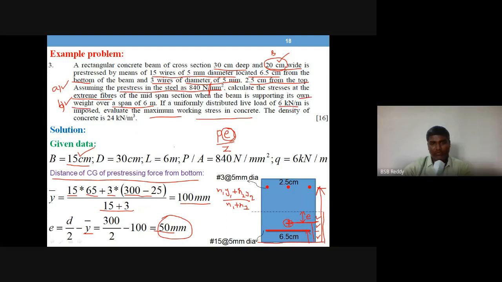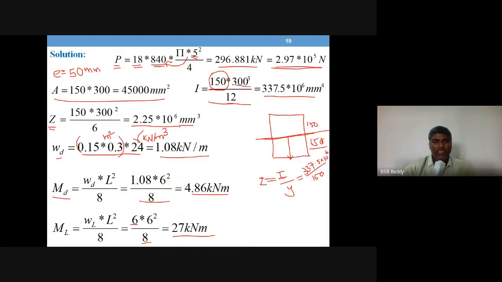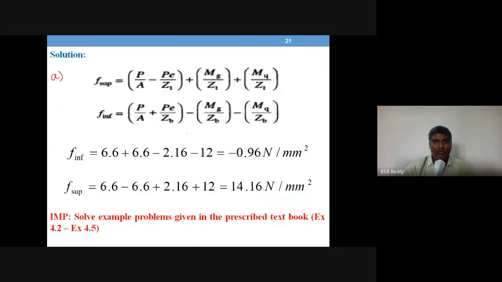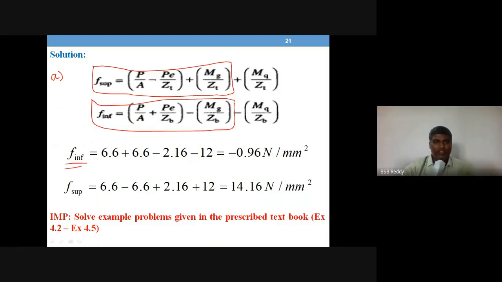When own weight is acting along with pre-stress, this part of the formula comes into the picture, for top and bottom. For bottom stresses, you take only this part of the calculation.